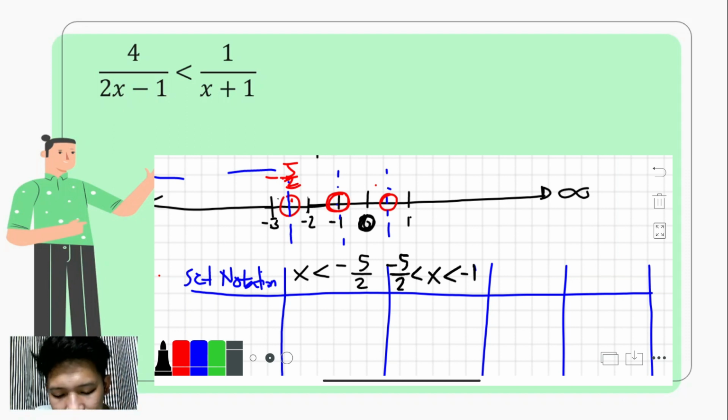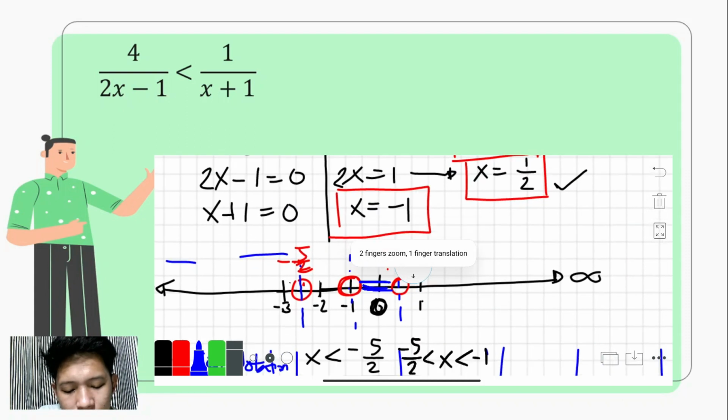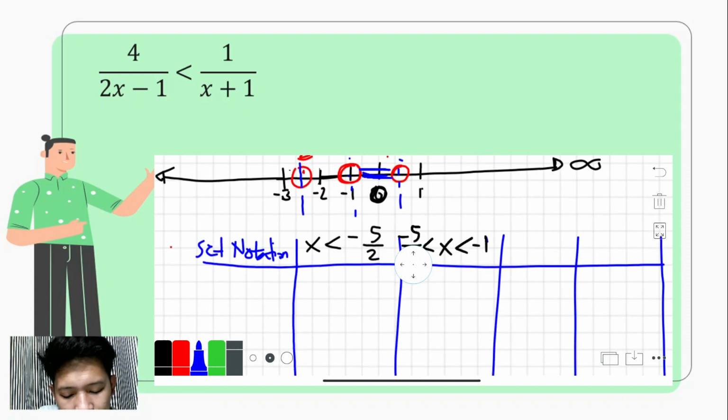Third partition, we are talking about this partition. So, from negative 1 to 1/2. Tama po ba? From negative 1 to 1/2. Okay, so our third set notation would be from x is what? X is greater than negative 1, but less than 1/2.